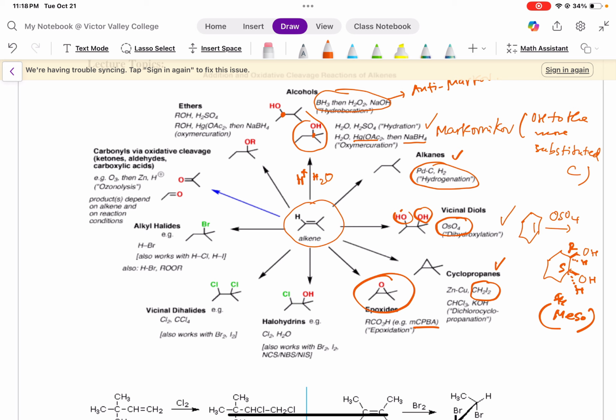We can also add chlorine water. Notice the hydroxy goes into the more substituted carbon. That's like Markovnikov. And you can mix them: one gets the chlorine, the other gets the OH. It also works with bromine or iodine, but chlorine water is the most popular one.